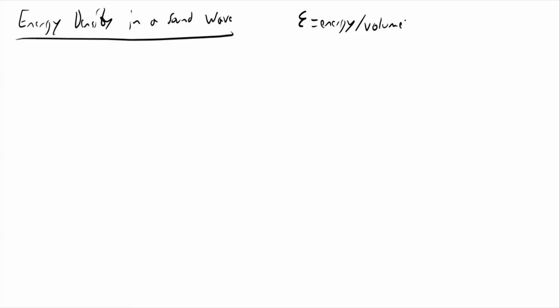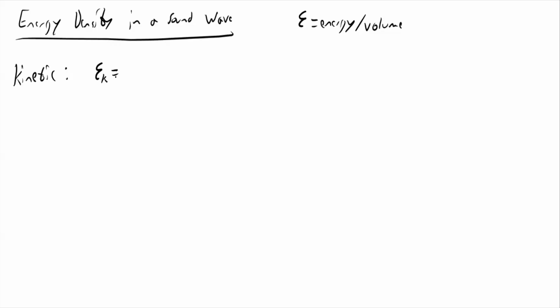Well, if you think back to your freshman physics days, we know that energy can be kinetic and potential. So to find the kinetic energy in a sound wave, it's rather simple actually. If you think just in general, we think of kinetic energy as 1/2 mv squared, where m, of course, is mass and v is velocity.